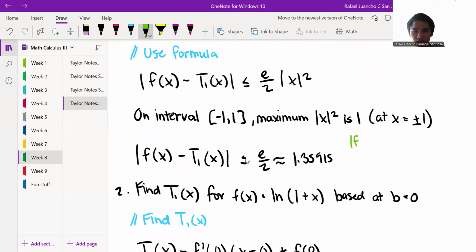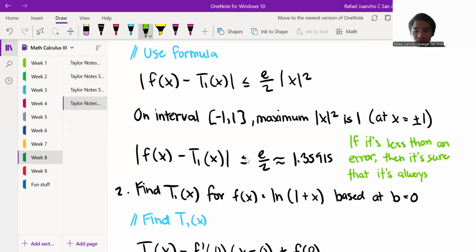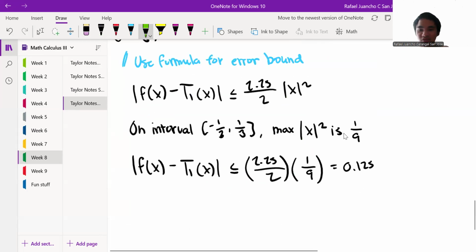If it's less than an error, then it's sure that it's always less than a bigger error. So if we had a bigger error, then it's always sure that it's less than. So that's basically what makes this statement true.